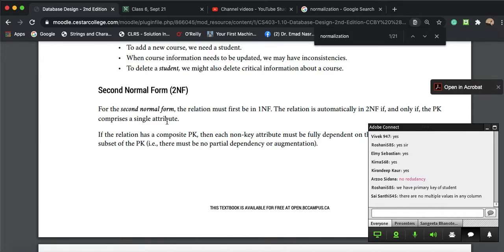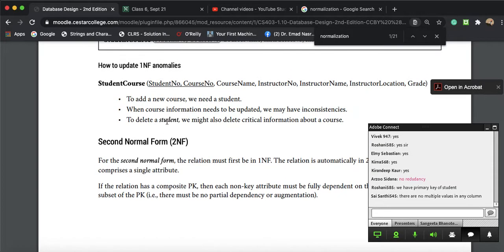If the primary key comprises single attributes, then yes, it's in the second normal form. Any relation, when you look at the relation, if the primary key is single, it's in the second normal form. That's it.